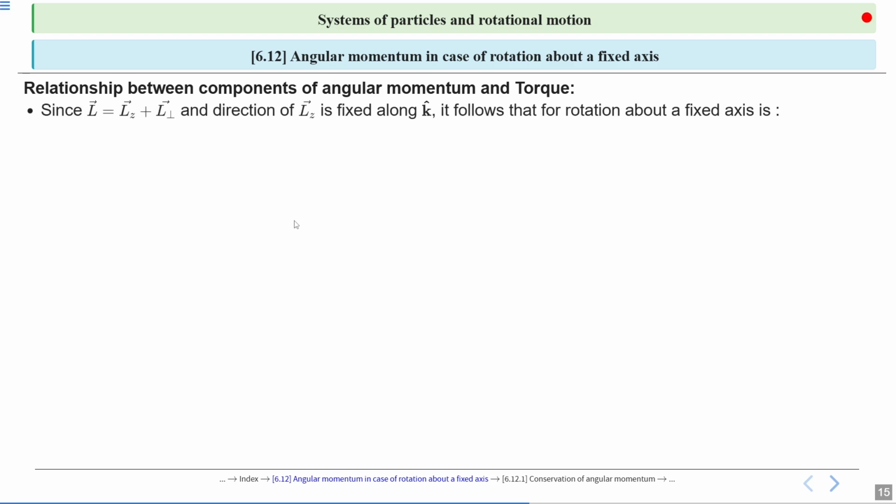We know the total angular momentum L is equal to Lz plus L perpendicular. Here the direction of Lz is fixed along k cap. It follows that for rotation about a fixed axis, dLz upon dt is equal to tau k cap, and dL perpendicular upon dt is equal to 0.